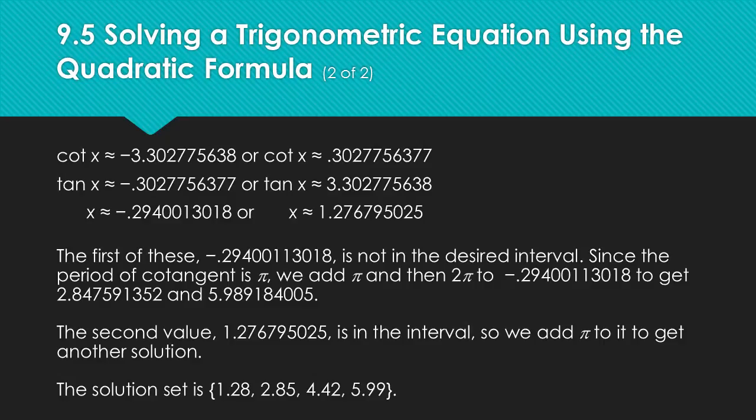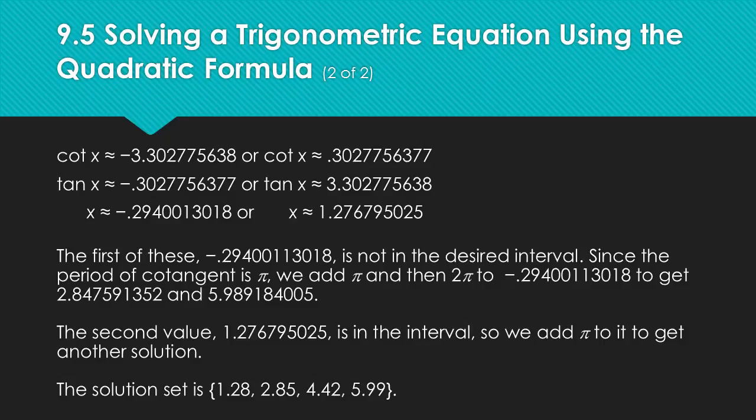Well, remember, tangent goes from negative pi over 2 to pi over 2, but cotangent goes from 0 to pi. So what we're going to do is just add pi to that negative 0.294, and that's going to give us one that is in the interval. And then we add the 2 pi to get the second answer, because we want to go all the way around the circle.